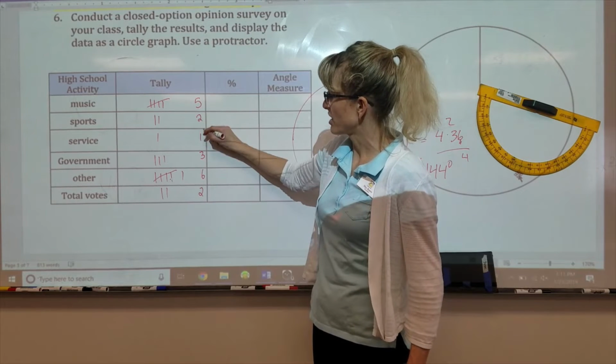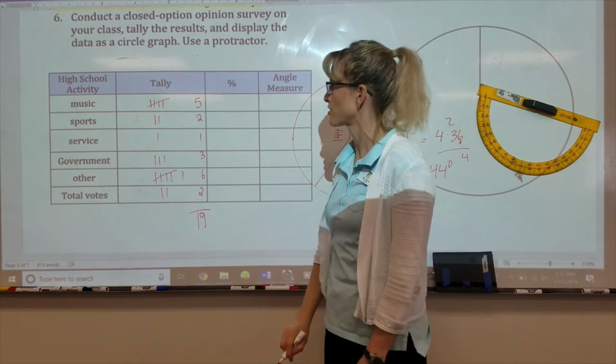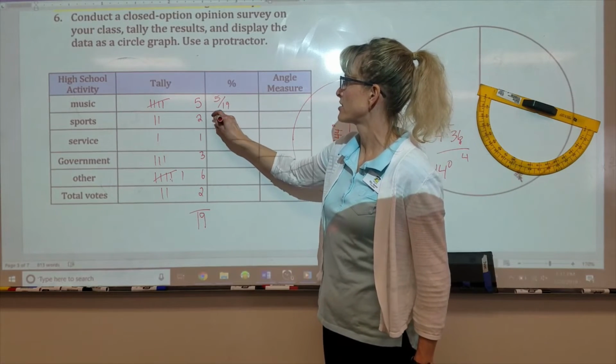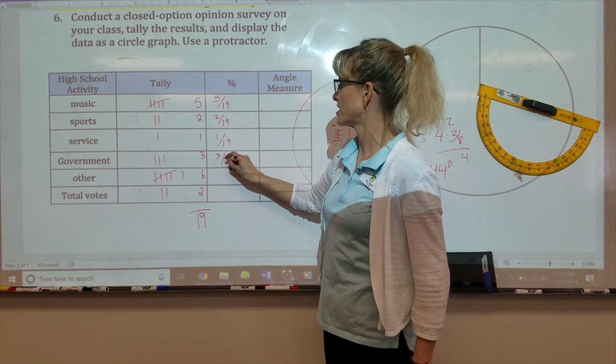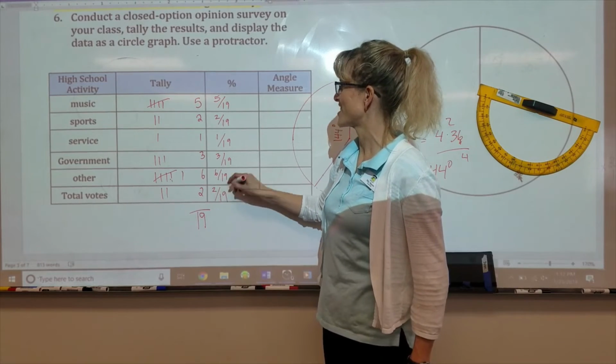That's a total of 7, 8, 11, 17. So there's a total of 19 students surveyed. So we would figure out a percent. It would be 5 out of 19, 2 out of 19, 1 out of 19, 3 out of 19, 6 out of 19. I should have picked a nice round number.